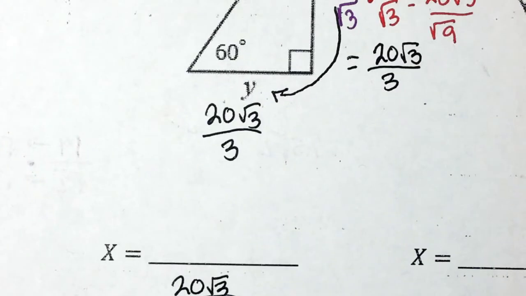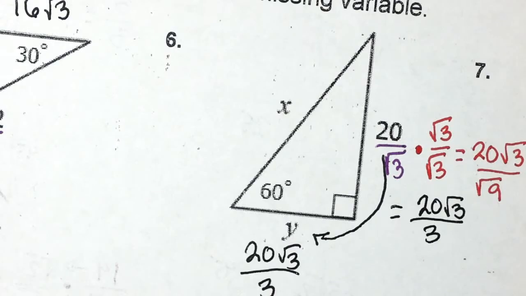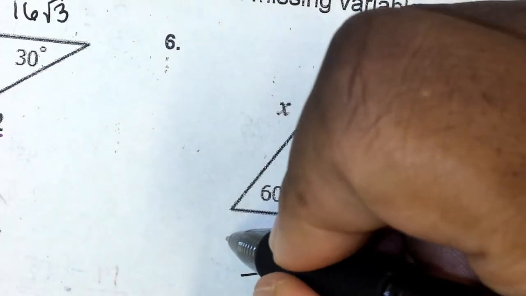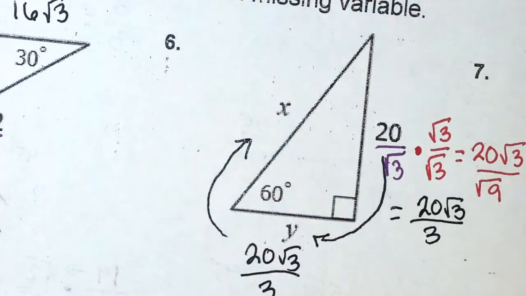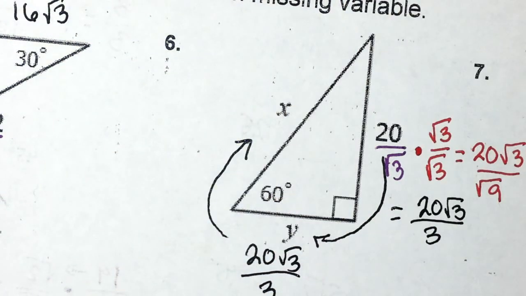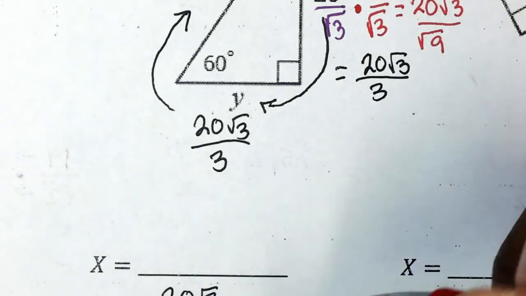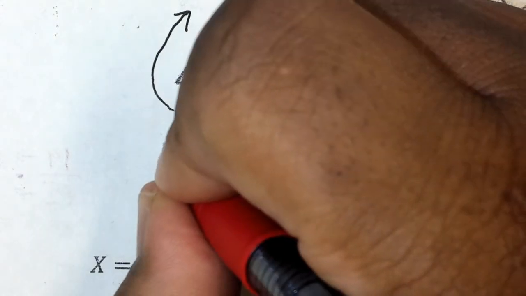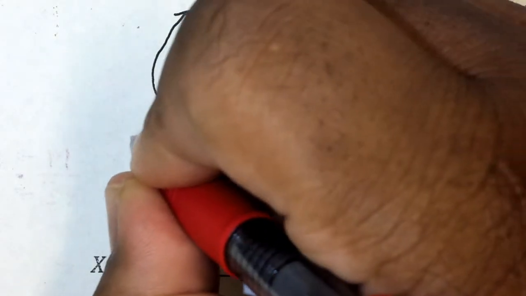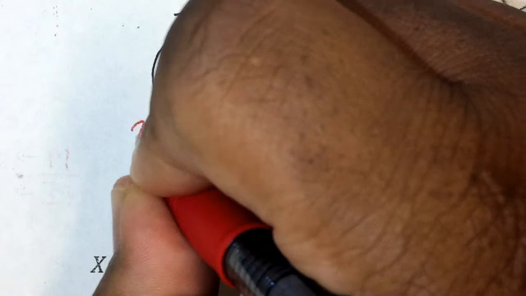And then we need to do x, Jeremiah. X is the hypotenuse. How do I find the hypotenuse? You do the short leg times 2. Good. Short leg times 2. So I'm going to take this short leg right here, and I'm going to multiply it. I guess I can put the 2 in front, yeah. Times 2.